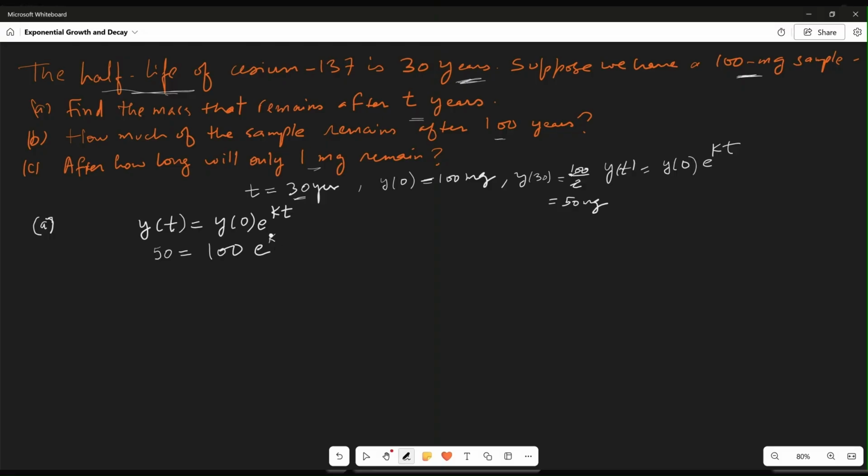K is constant here, and t we have 30. 30k. We have left 1 half is equal to, since this is exponential, just multiply by natural log on both sides.